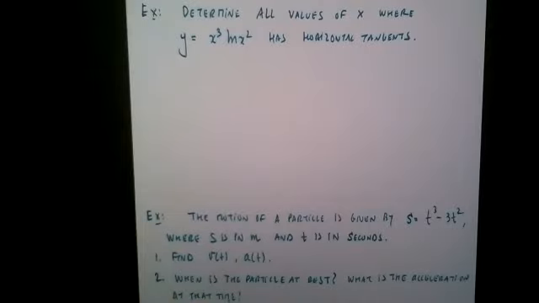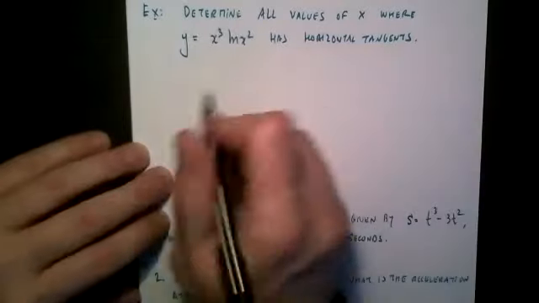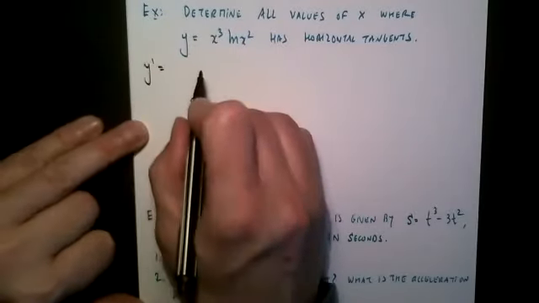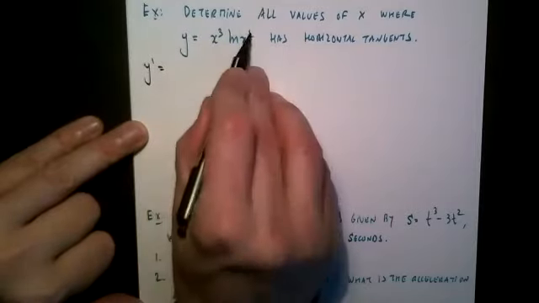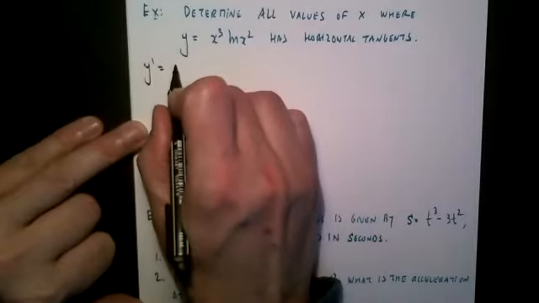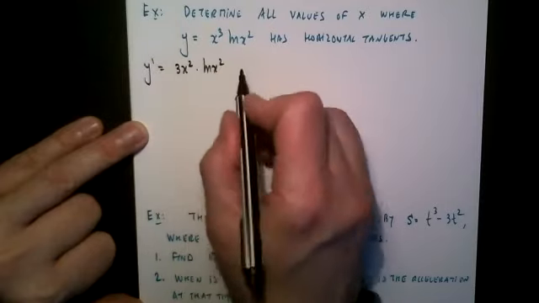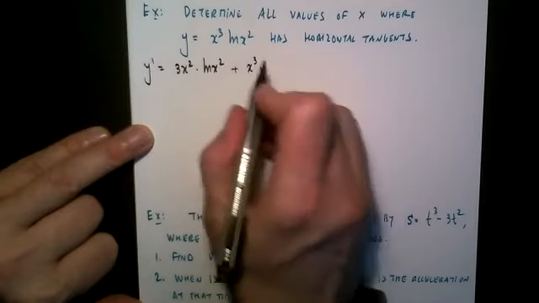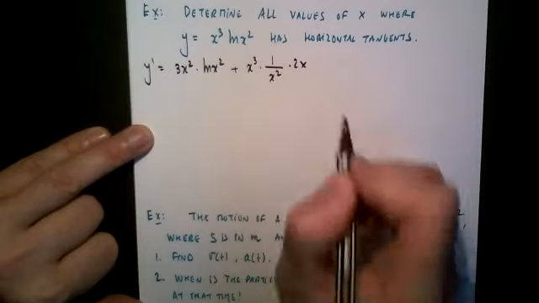Okay, the first one. So when are the horizontal tangents? In other words, when is the derivative equal to zero? So let's find y prime. Product rule. Well, before that, I could have brought the 2 in front, but anyways, let's do the product rule. 3x^2 ln x^2 plus x cubed times the derivative of ln of x^2, which is 1 over x^2 times 2x.